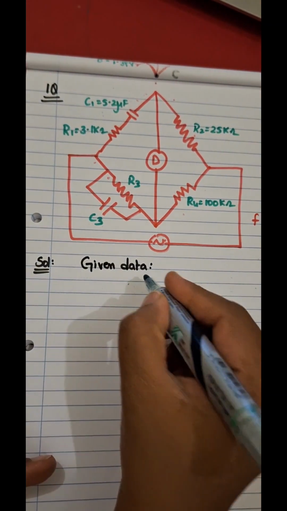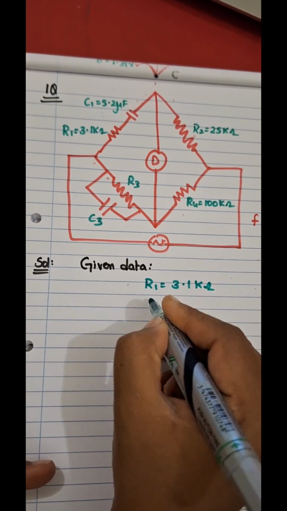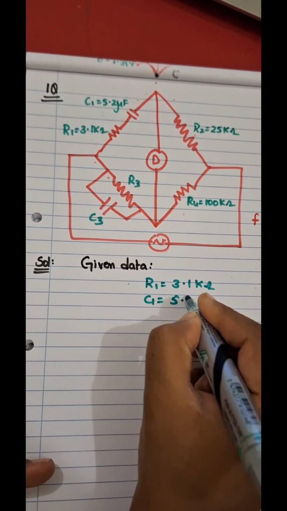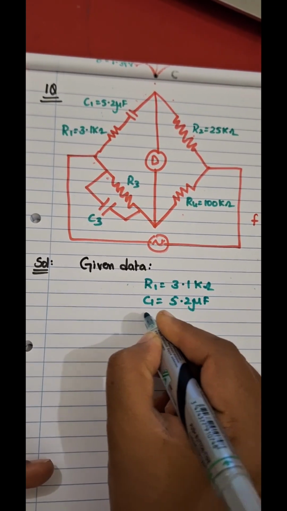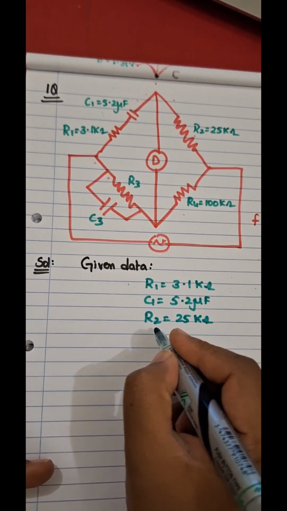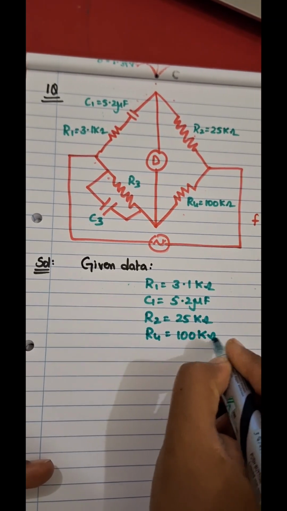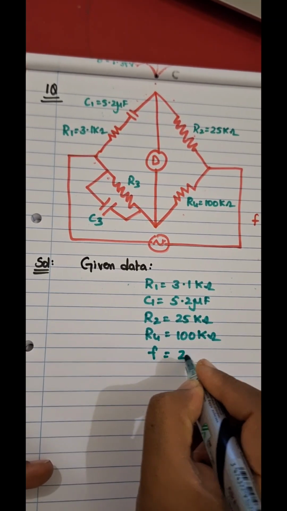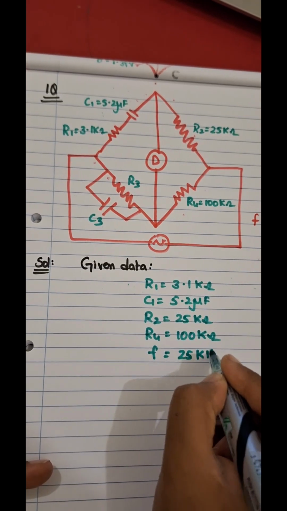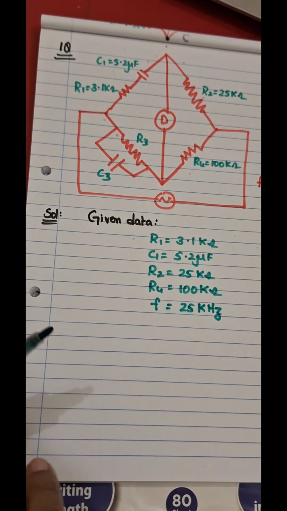They gave you R1 equals 3.1 kilo ohms, C1 equals 5.2 µF, R2 equals 25 kilo ohms. Always write units very clearly, because this kilo can make your answer totally different. If you forget to write K, your overall answer is gone. Okay. So this is the given data.